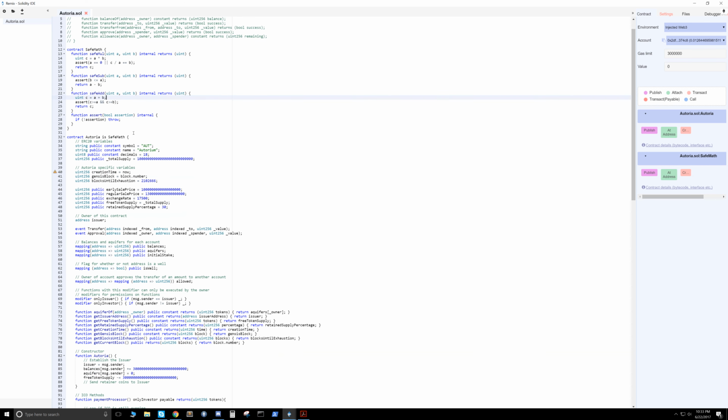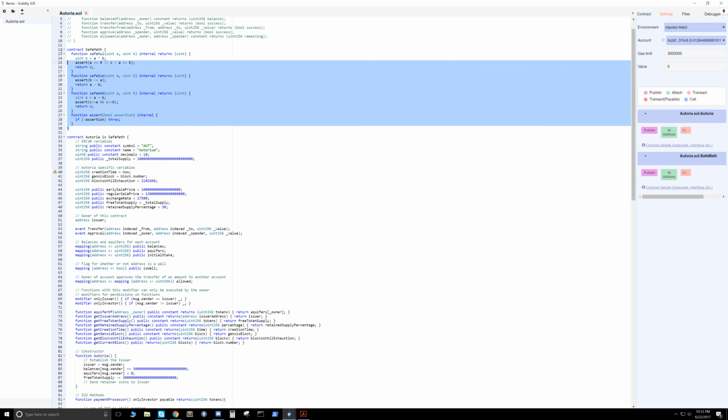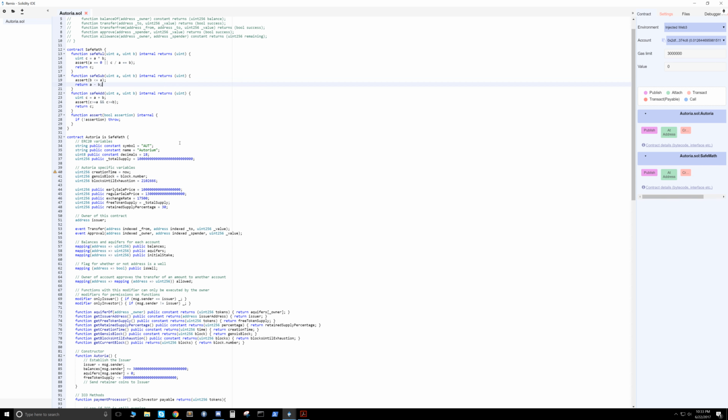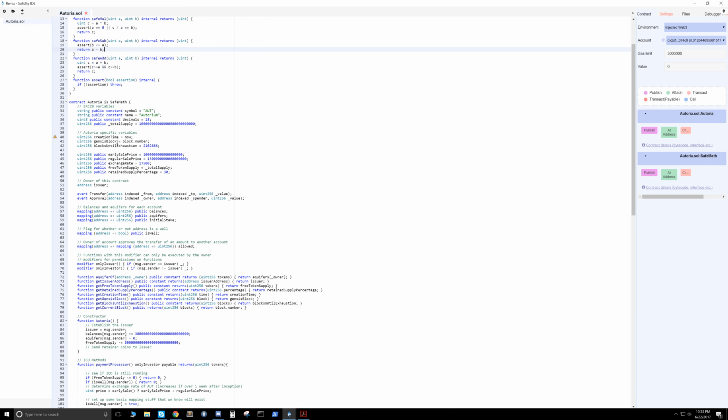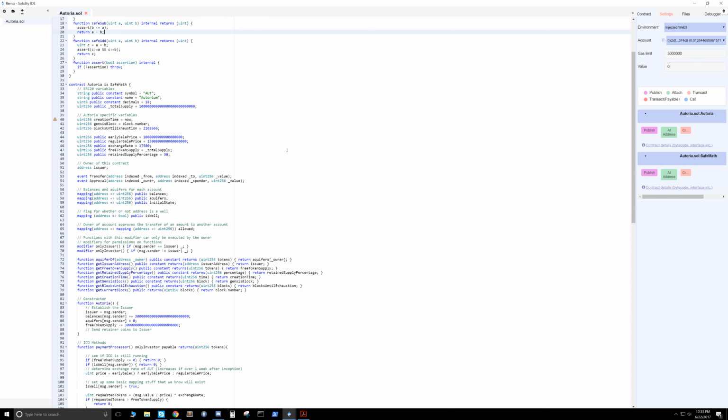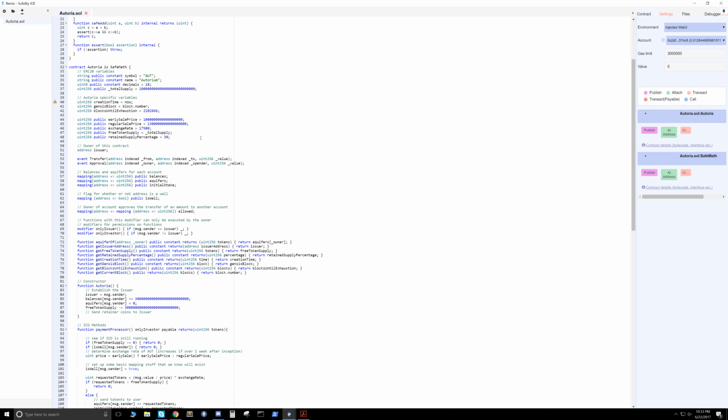Safe math is just for overflows. You don't want integer overflowage, or there could be some really bad stuff that's going on. And so we incorporate a lot of this stuff, but we also incorporate a few more interesting features here, where not only are we mapping people's addresses to a certain value, but we're mapping their aquifers and their initial stakes. So however much that you initially invest in Autoria, you get those tokens back, and that's your initial stake.